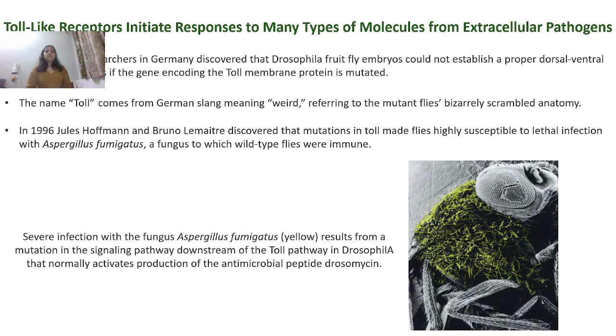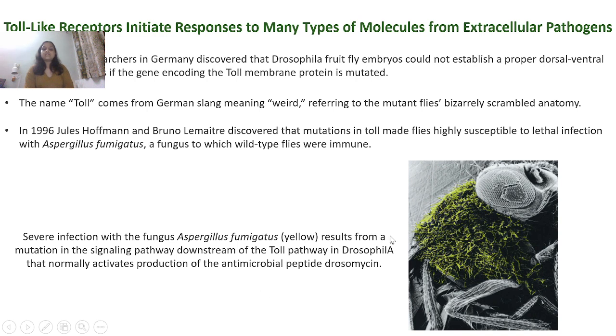So here we can see this is a Drosophila fly, and this is a mutant fly where there is a mutation in the signaling pathway downstream of the toll pathway, and the green or yellow is the fungus Aspergillus fumigatus.